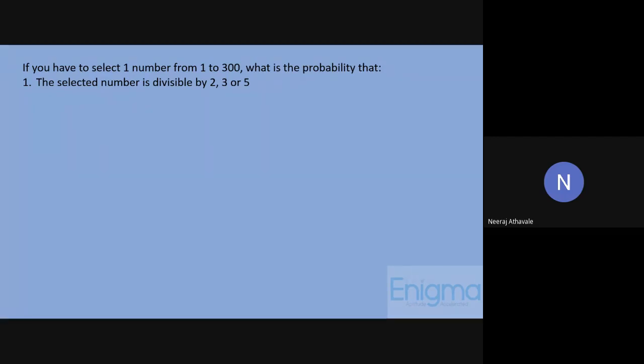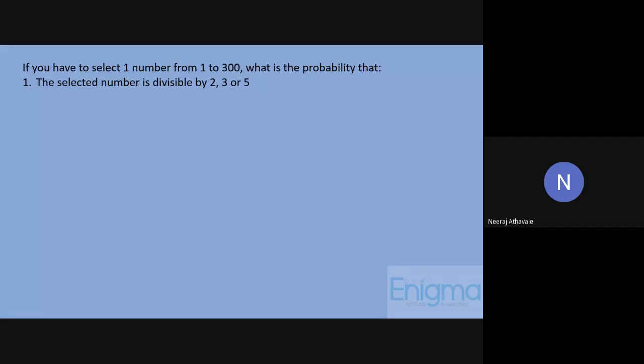Okay. Anyone with the answer for this question? 31 by... Okay. Yogiraj, is there any typing mistake? Think. Can the answer be 31 by 30? 2 by 3?